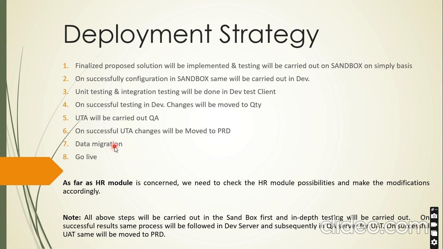Otherwise, if you have inconsistencies, we need to check how to proceed and how to override the inconsistent data. Here the business has an HR module as well. After all this is done, we need to check the possibilities for modifications for the HR module. The HR consultant will take care of that, what the possibilities are and how to make the modifications accordingly.